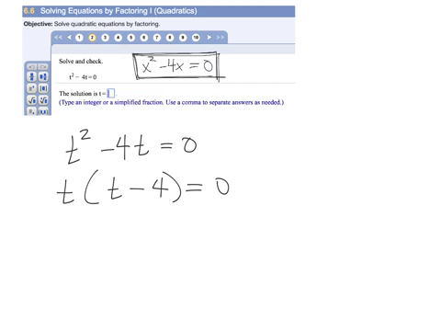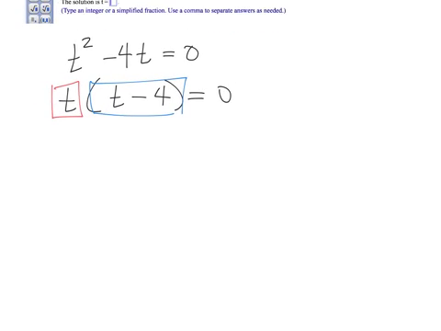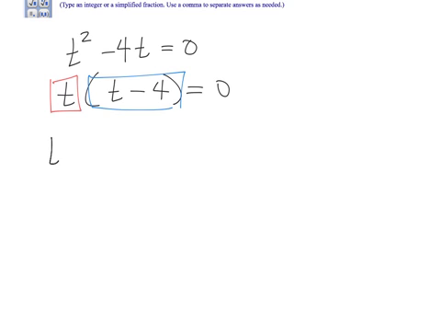So you take out a t and you're left with t minus 4, and that means either t or t minus 4 is equal to 0, because when you multiply these two numbers and get 0, that means one of them is 0. So algebraically, either t equals 0 or t minus 4 equals 0.